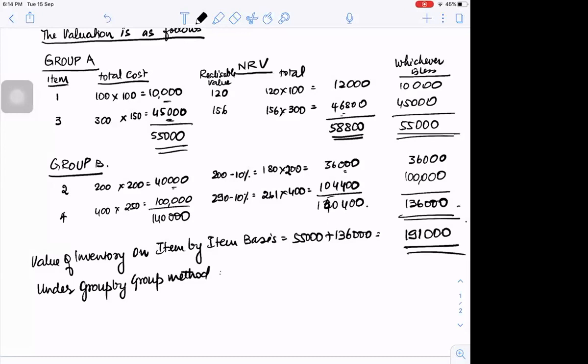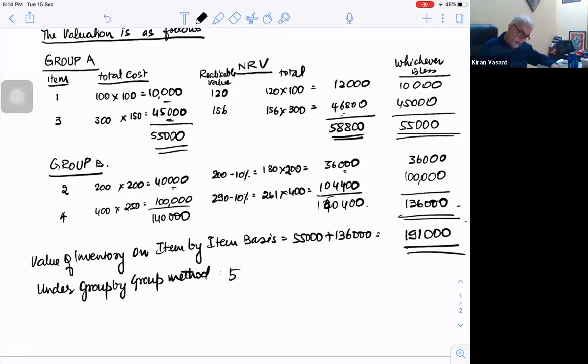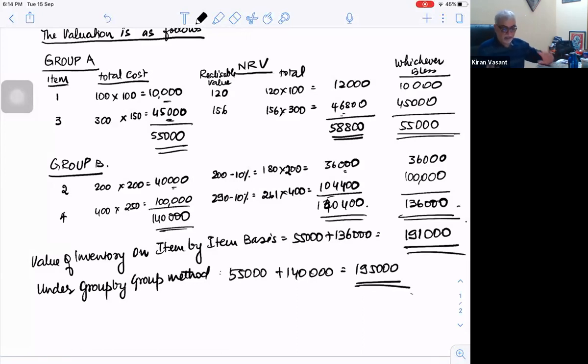So here I will take 55 plus 1,40,000, 1,95,000. There is a variation in the method. As per the item by item method, it is this one, 1,91,000.